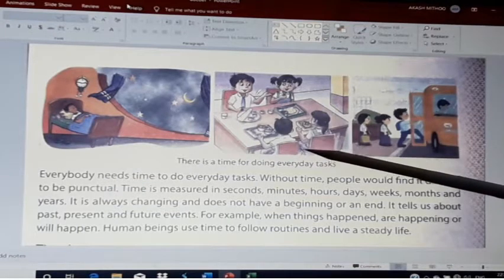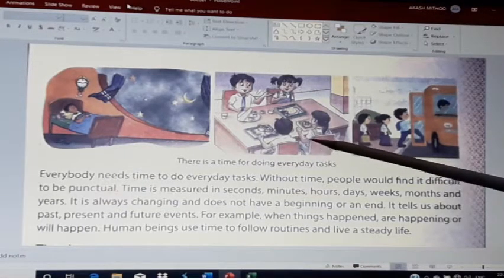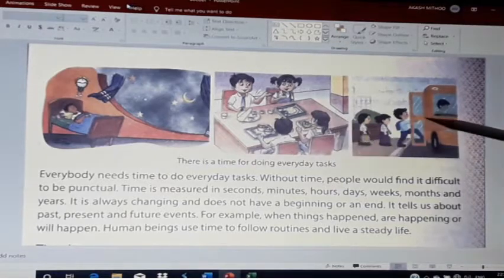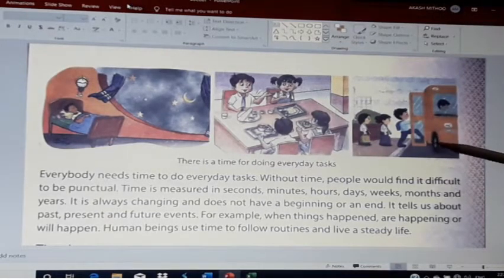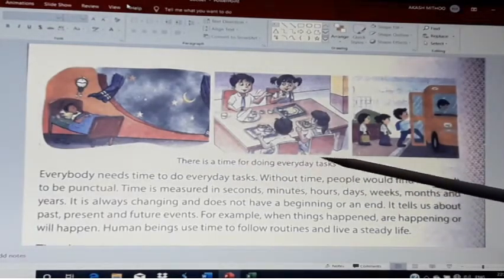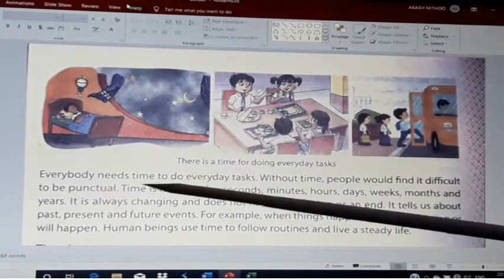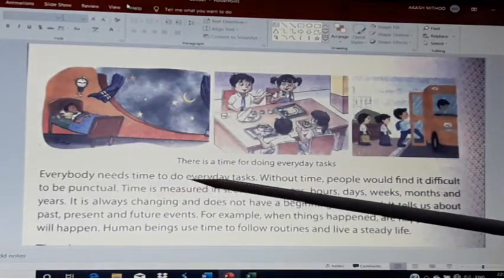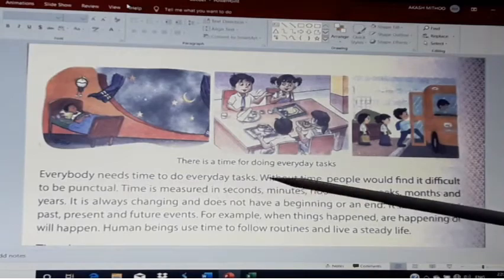We get ready to go to school, have our breakfast and then we go to school. So there is a time for doing every task. Everybody needs time to do everyday tasks.